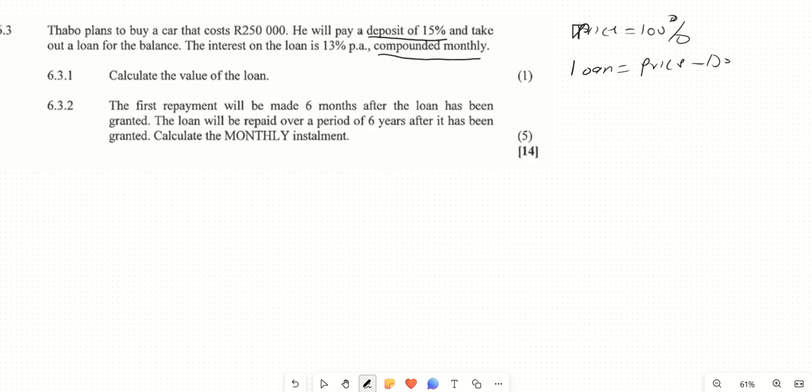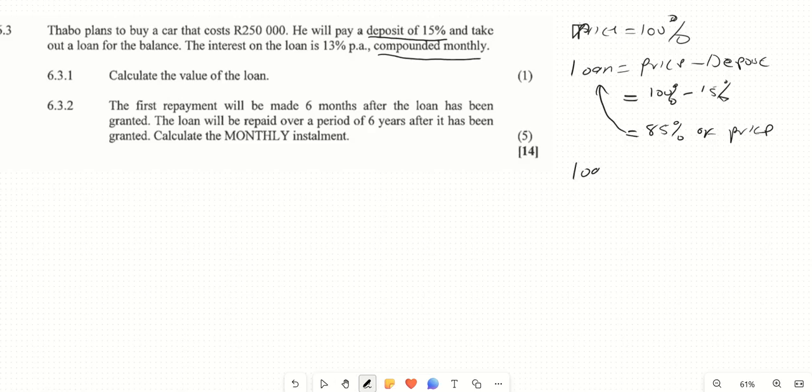We must know that the deposit is either given in cash or in percentages, but whatever we do, the loan is this. In this case, the deposit is given as a percentage. Because the price is 100%, we subtract 15%. The remaining percentage is the loan. In this case, the remaining percent is 85%, meaning that 85% of the price goes to the loan.